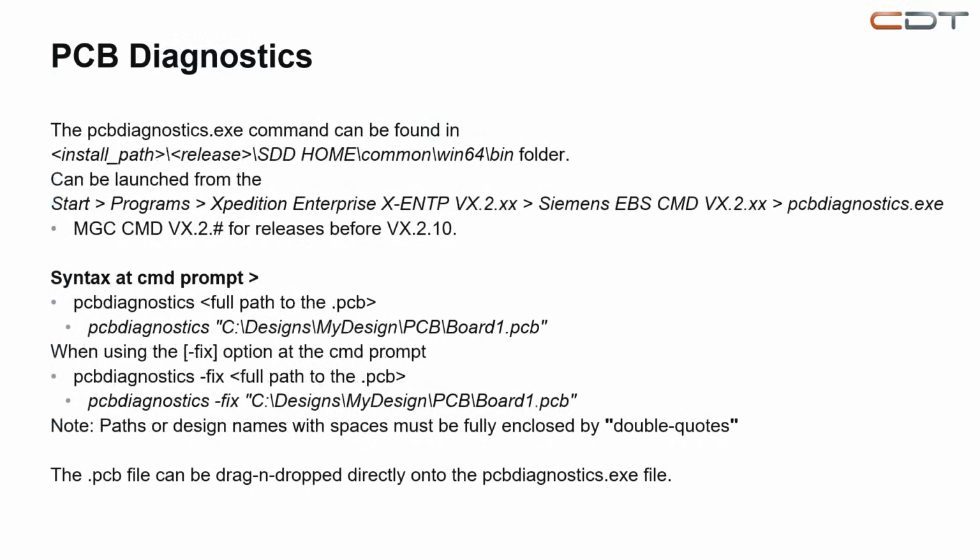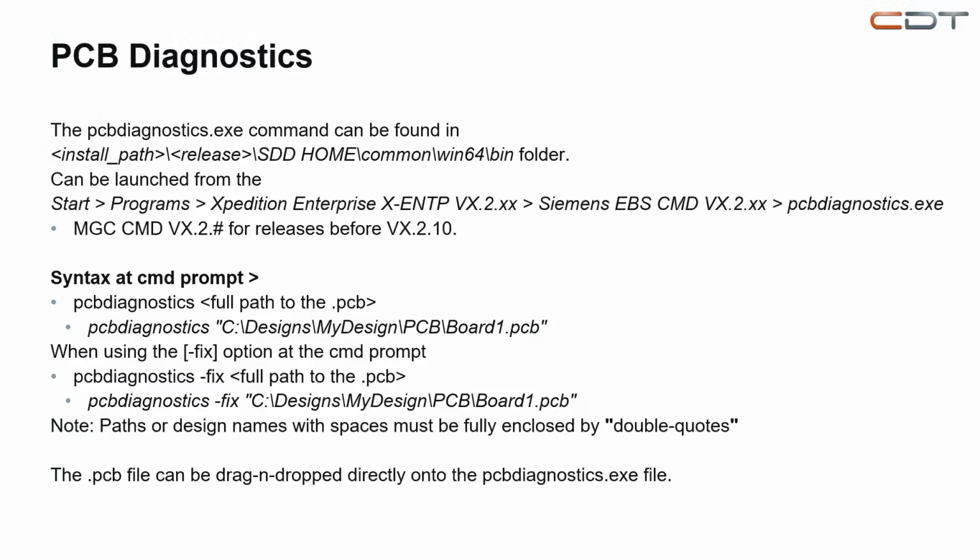This command can be found in the path I showed on my screen. It's basically the SDD directory, common, Win64, bin, or you can run it using the same Siemens command window. It's called pcbdiagnostics.exe. The syntax is very easy. You just need to run the command pcbdiagnostics, space, full path to the PCB with dashes.